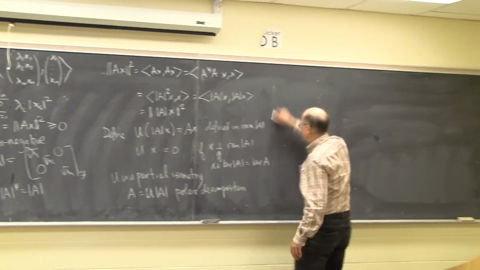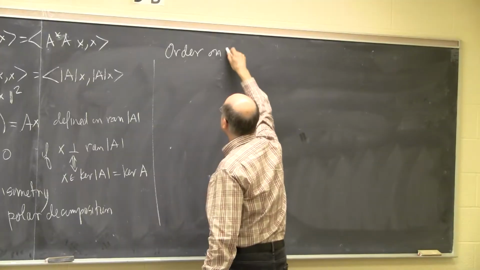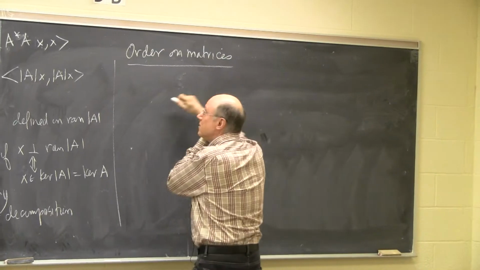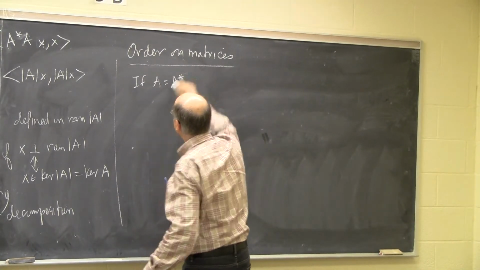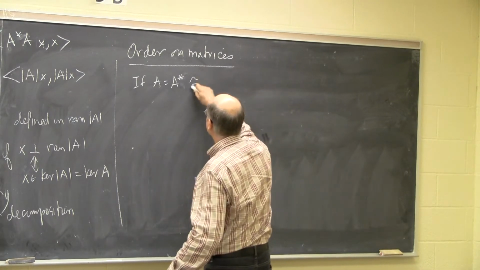I want to say a bit about order on matrices. So if A is self-adjoint, then it's diagonalizable.